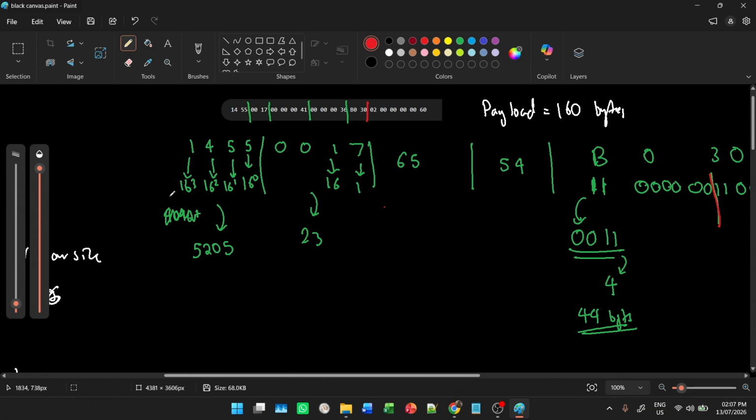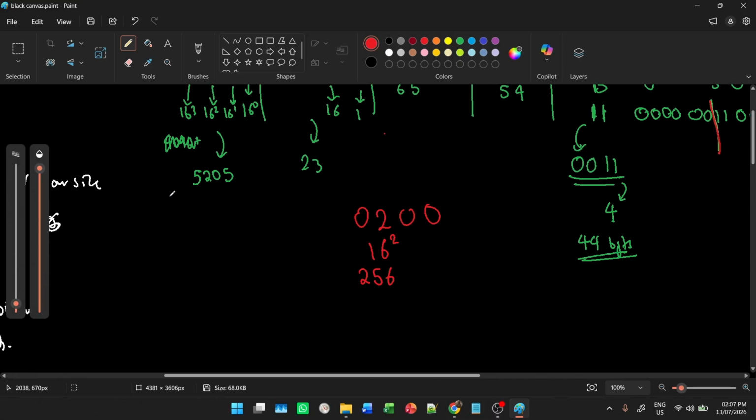Okay, so now you have another 16 bits. So you have 0 2 0 0. So this is 2 times 16 squared, which is 2 times 256, so you're gonna get 512.